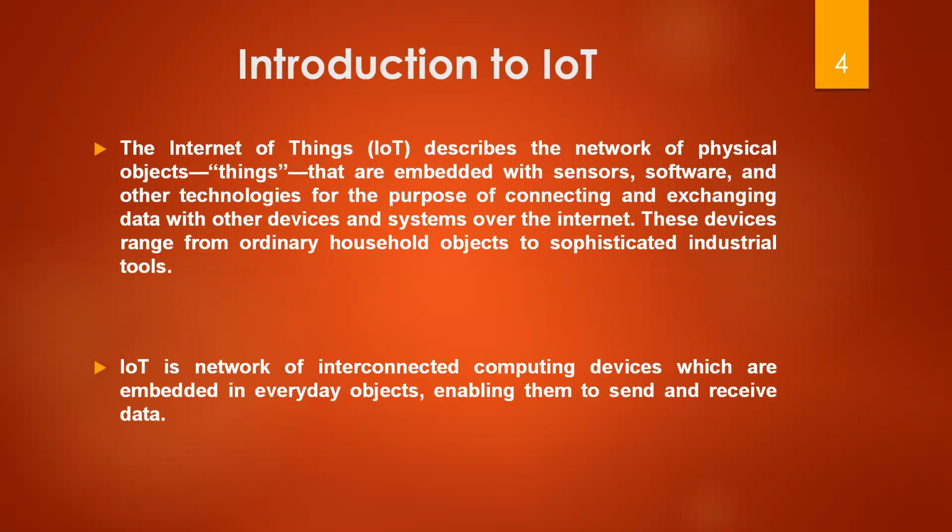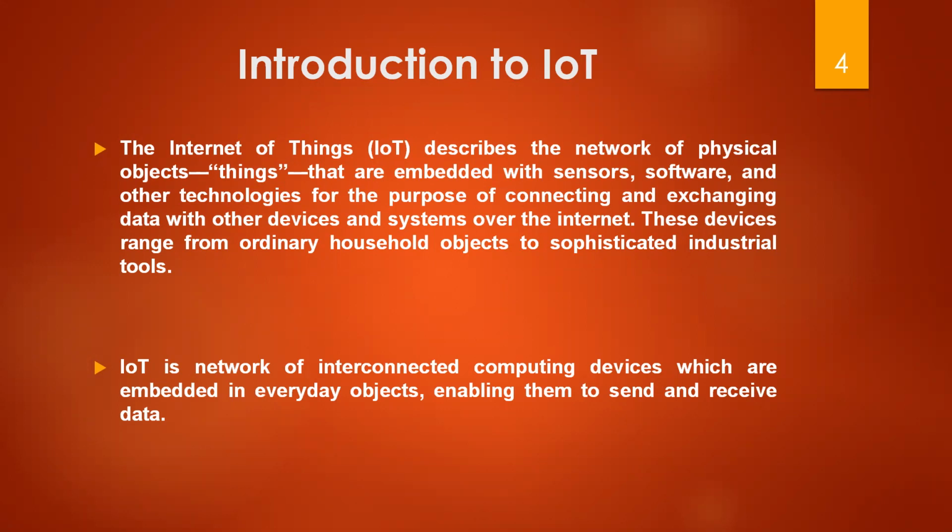The Internet of Things describes the network of physical objects, things that are embedded with sensors, software, and other technologies for the purpose of connecting and exchanging data with other devices and systems over the internet. These devices range from ordinary household objects to sophisticated industrial tools.